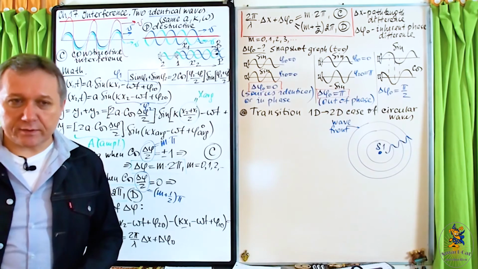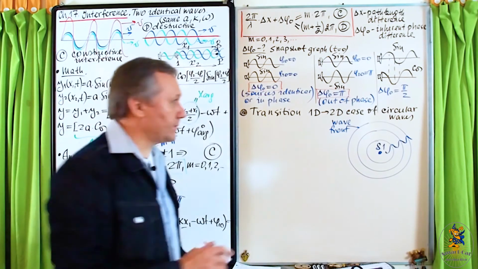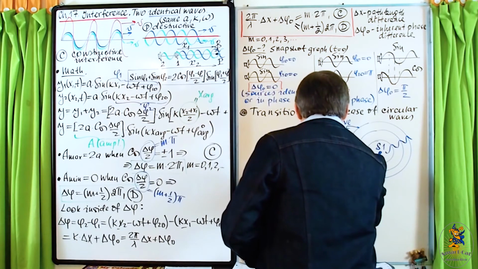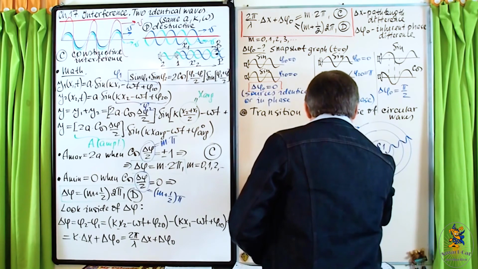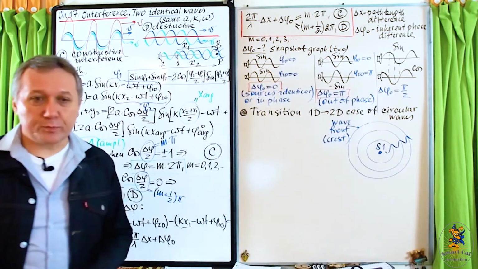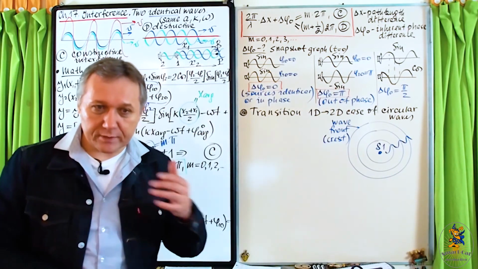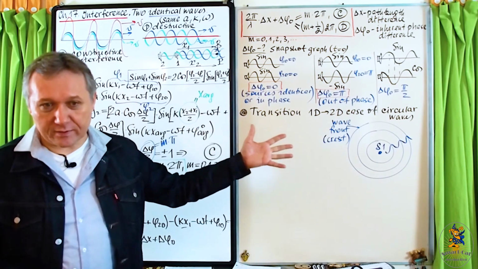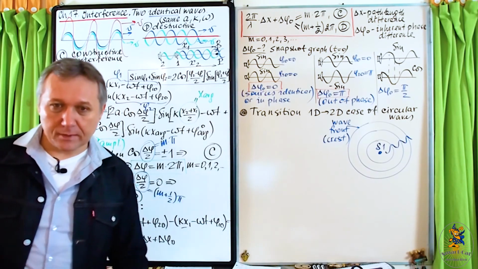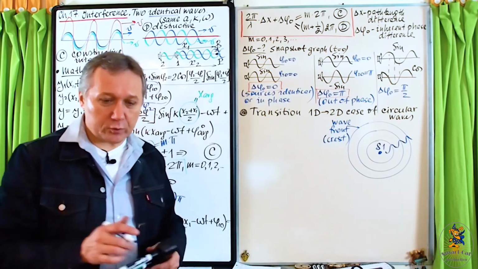And underneath I will write collection of crests. So these are crests. And of course, between the lines, we have troughs. Okay, so that's what we need to know.